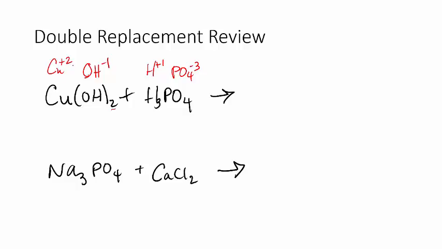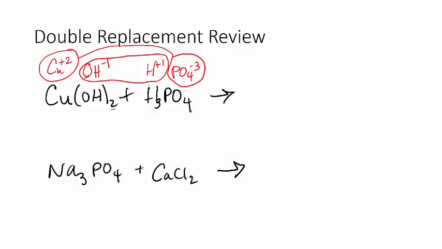So you have copper with hydroxide, hydrogen with phosphate, and you cannot have two positives or two negatives together. So the +2 of copper is now going to bond with phosphate, and you're going to have hydrogen bonding with hydroxide. The key part when you do this, though, is to make sure that the +1 is always written first.